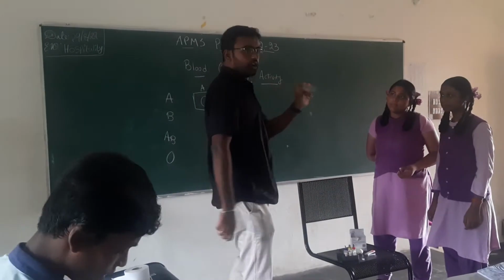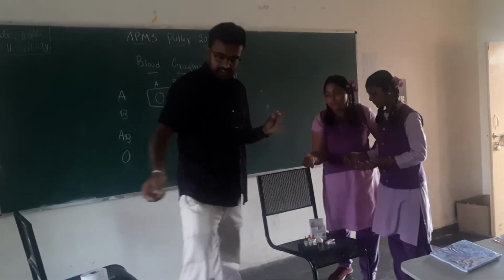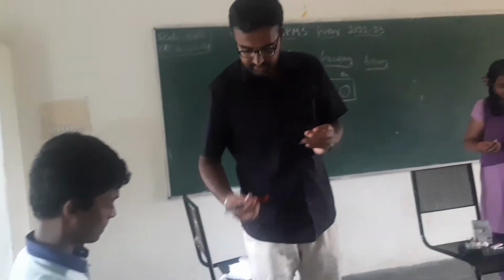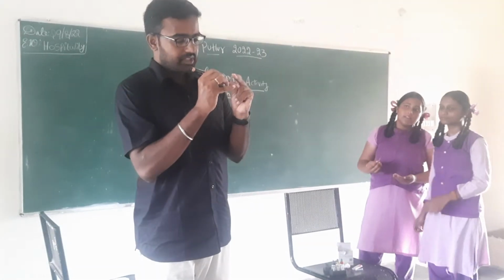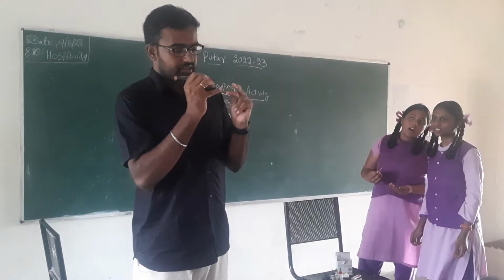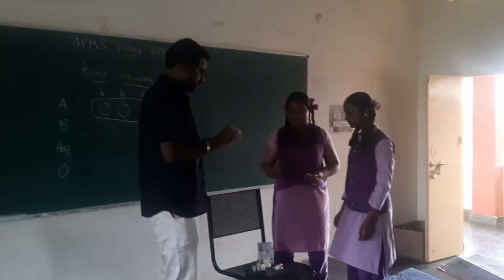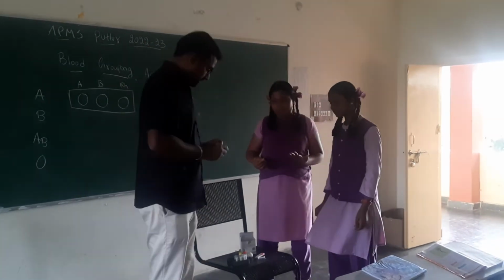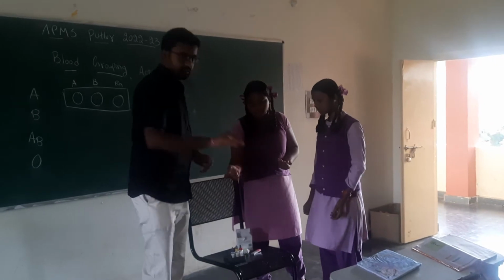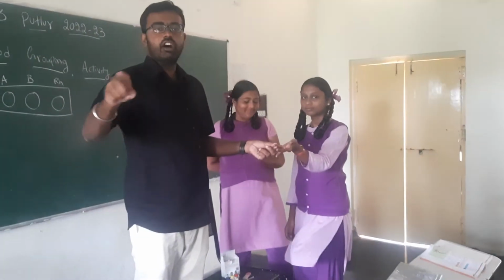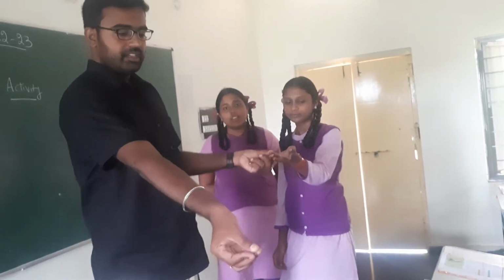Now we need to take the blood sample. This is A, this is B, and this is RH. I have marked these circles. The finger was already sterilized with alcohol cotton.